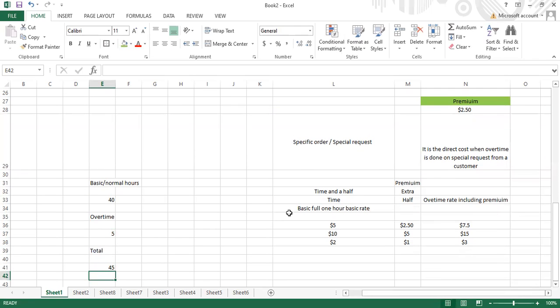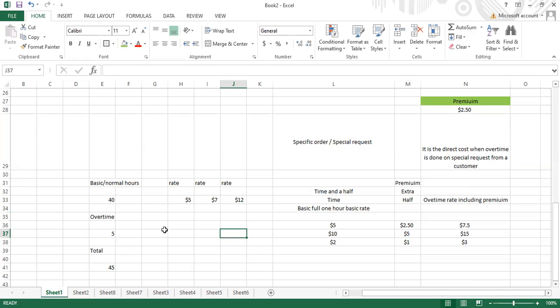If overtime is paid on a premium basis, 40 hours are there, and the rate could be anything. Rate could be 5, it could be $7, it could be $12. It depends.